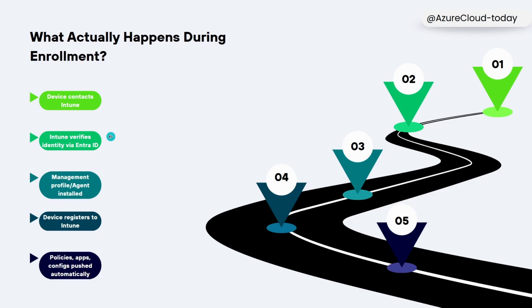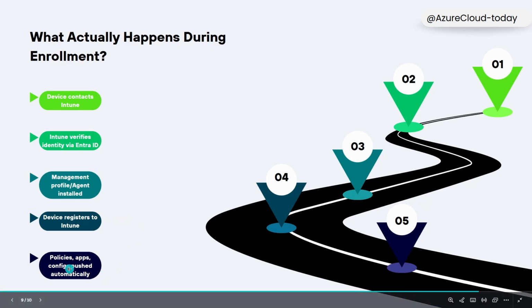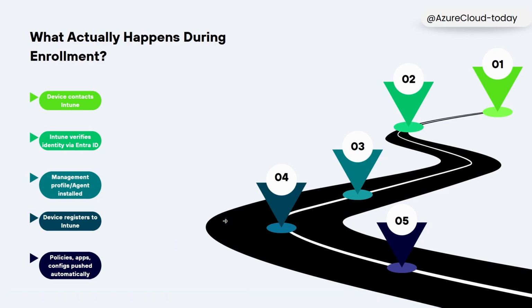Once identity is confirmed, a management profile or a lightweight agent gets installed on the device. The device shows up in Intune, and the policy and configuration that the Intune admin configured is applied at this point. This is the same flow for all devices, all enrollments. So if you understand one, you would understand all of them.